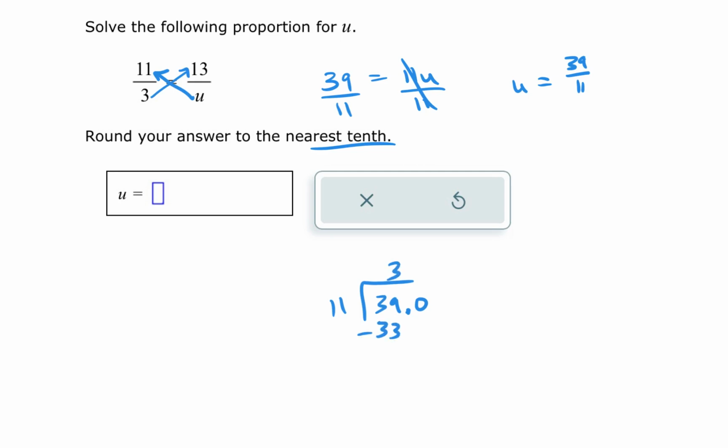So 3 times 11 is 33. 11 goes into 65 times. And then 11 goes into 54 times. And I don't really care that there's a remainder left over here because the hundredths place is this 4, the 4 in the hundredths place tells me that the 5 is not going to round up, so my answer is 3 5/10.